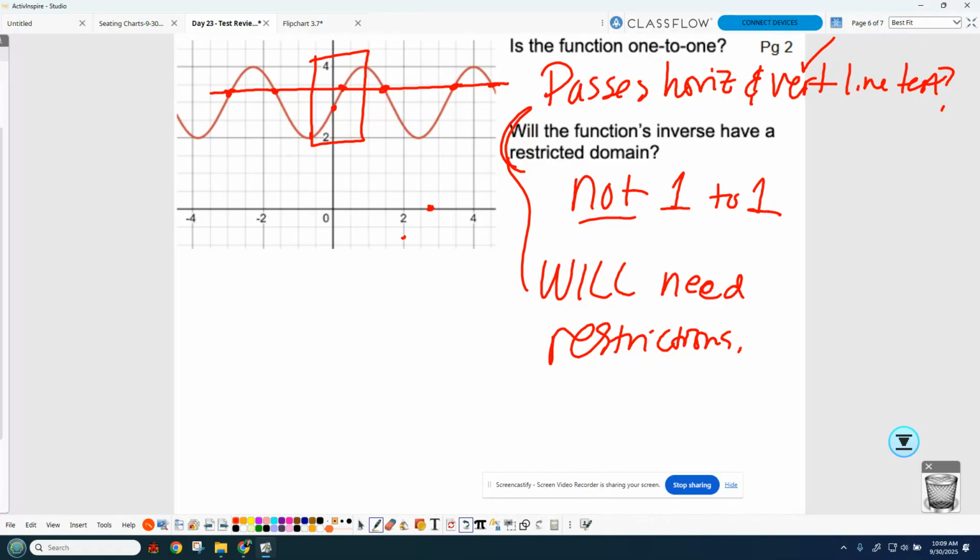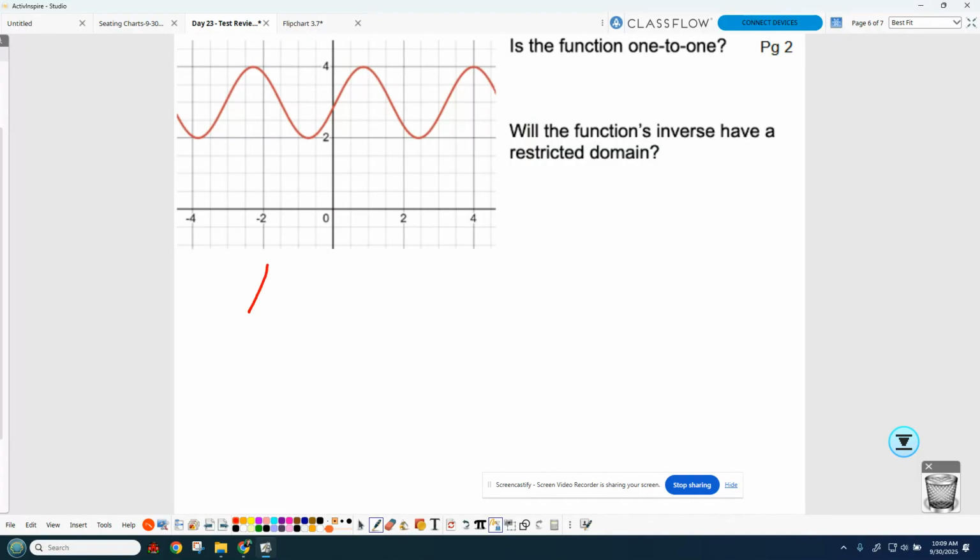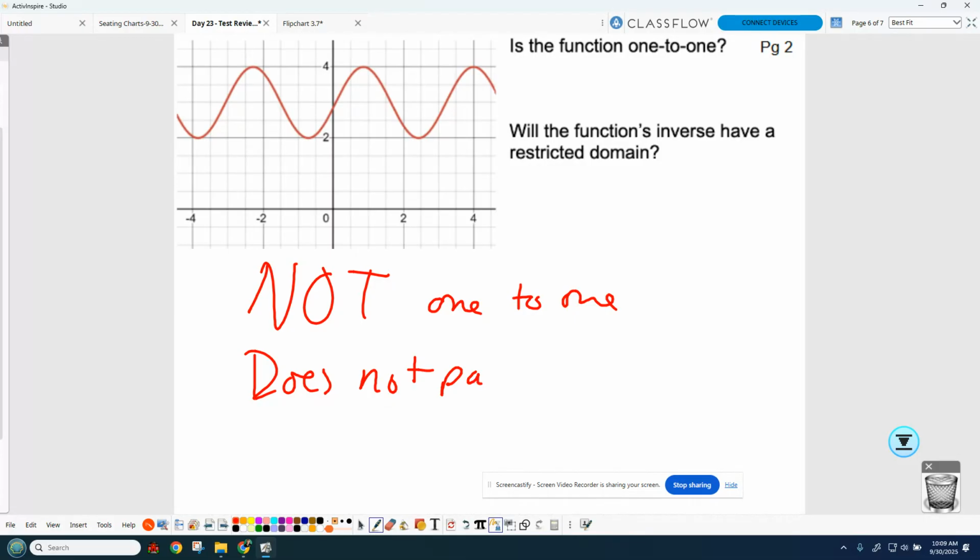Ella, what's your question? So if it's not one-to-one? This one is not one-to-one. So there are always going to be restrictions if it's not one-to-one? Correct. Will we be asked what the restricted domain is?